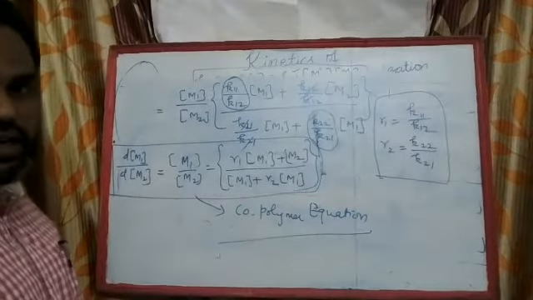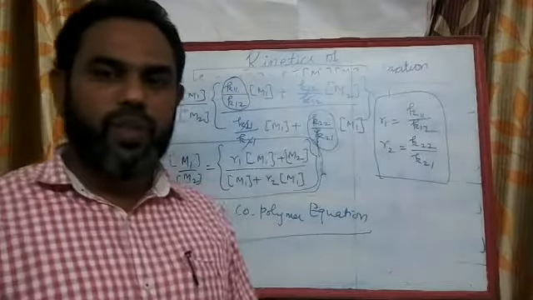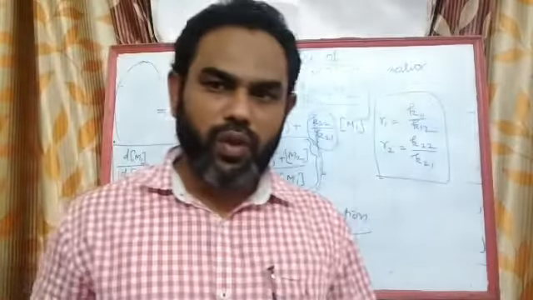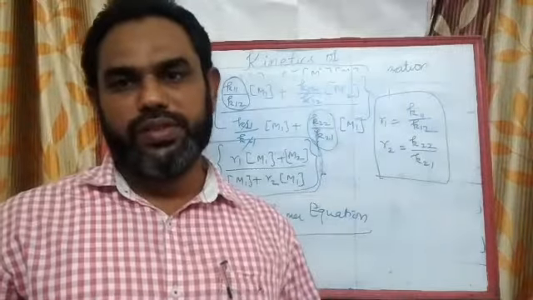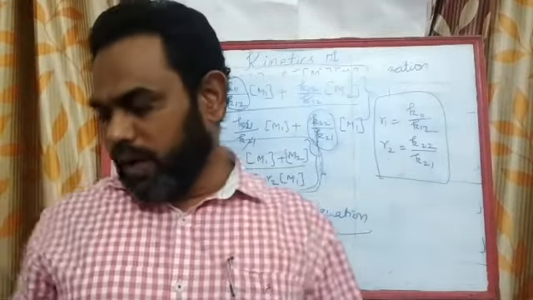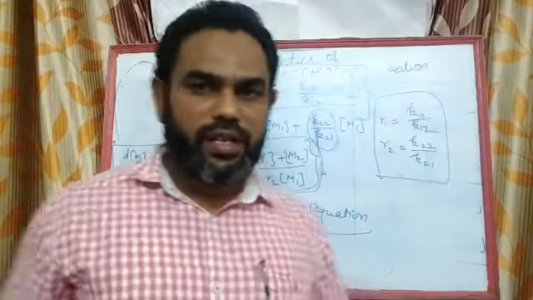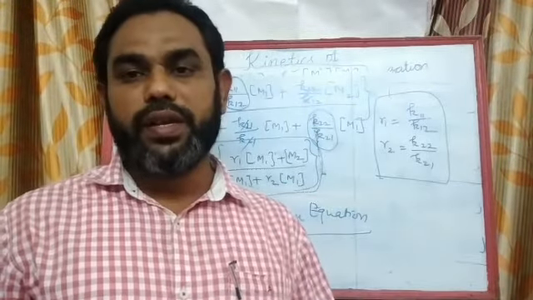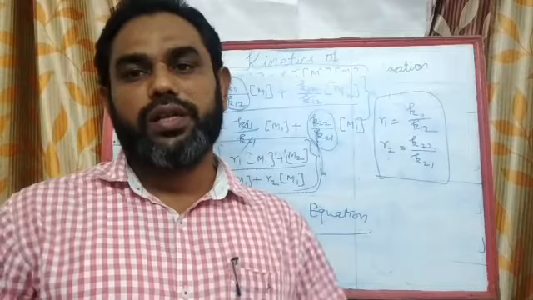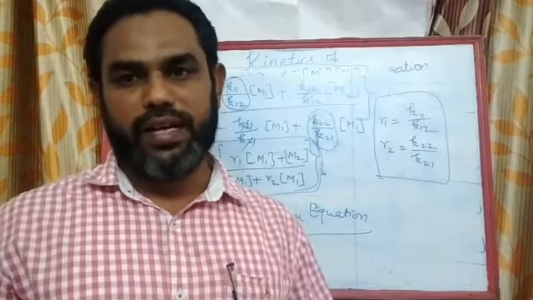Okay, so the derivation part is over. Up to this, you have derived a copolymer equation in which the ratio of the rate of disappearance of the first monomer to the second monomer can be identified.